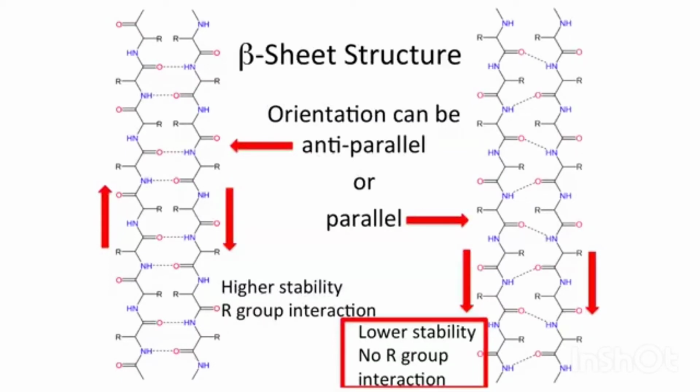And note that the hydrogen bonds are at an angle, and there is not the opportunity for the R groups to interact. And so there is lower stability, both due to the geometry of the hydrogen bond and the absence of R group interactions.